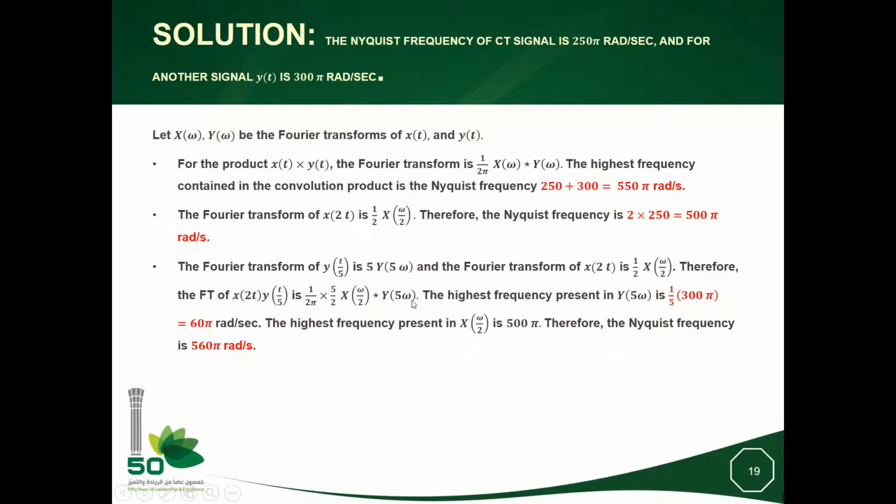This is why the highest frequency contained in this Y(5ω) is 1/5 of 300π. And the highest frequency contained in X(ω/2) is 2 times the frequency of X(ω).